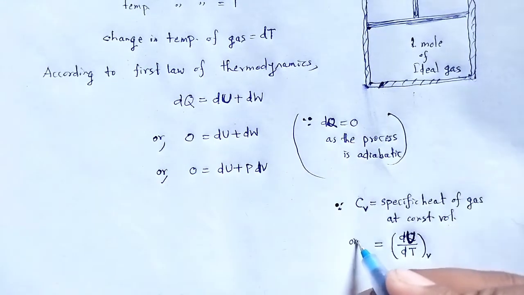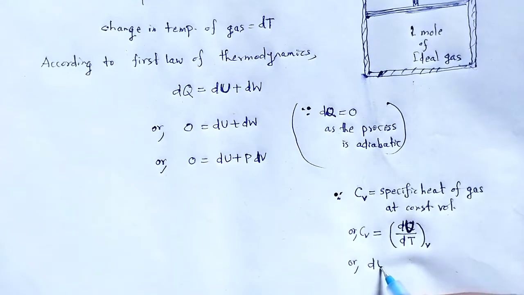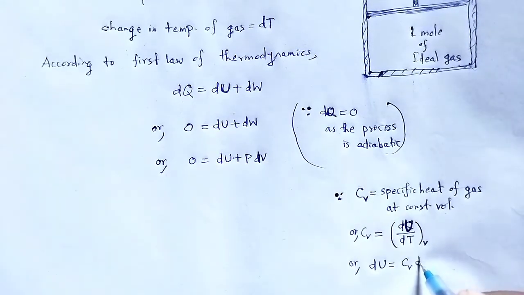So here we can write in place of dU, it will be Cv dT.